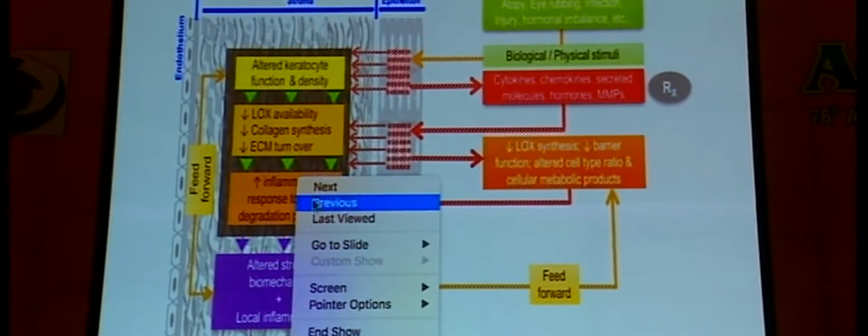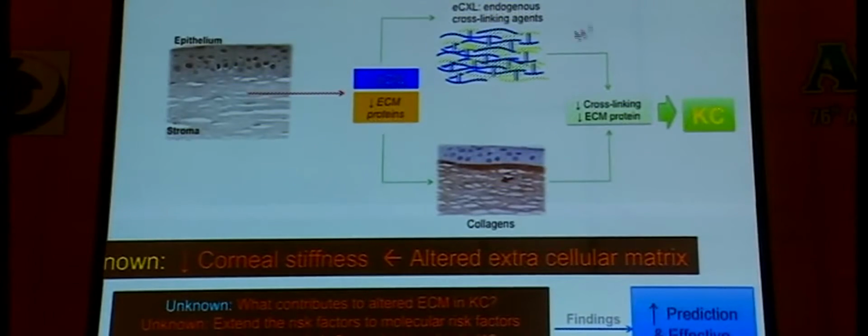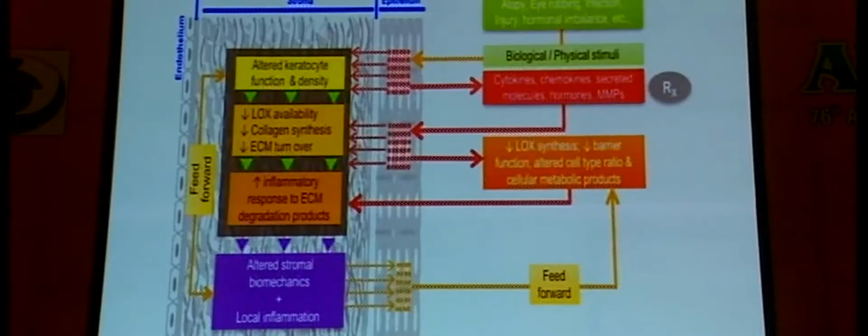All your inflammation reduces your lysyl oxidase and collagen, and once that happens, it shuts down your endogenous cross-linker. That means once you shut it down, even if you do cross-linking every year, it's not going to work. That's the beauty of knowing these pathways and the feedback mechanism.